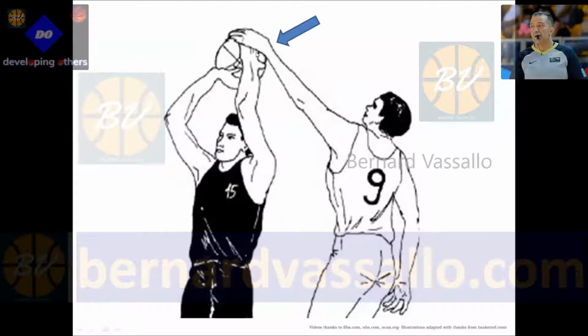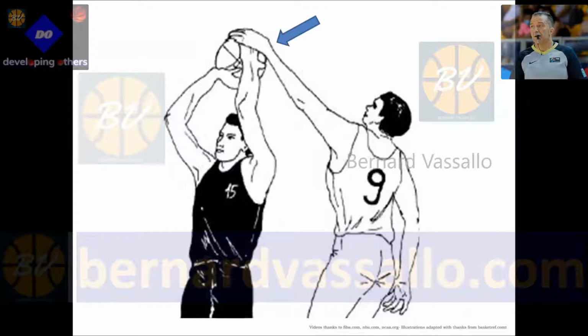Here I'm talking about tapping the ball away. I want to make it clear that if the action by the defender is violent, aggressive, then everything that I said does not hold, because then the referee could call a foul.